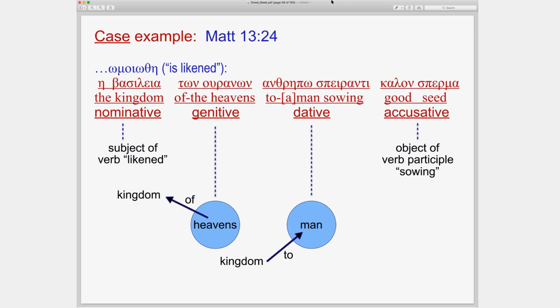All right, so in this example, if you look at the actual order of the words in the Greek text, and this is another very important point, in English, order is very important. Order is part of the grammar. Order takes precedence in a lot of cases. In Greek, as well as many other languages, order is not usually important.